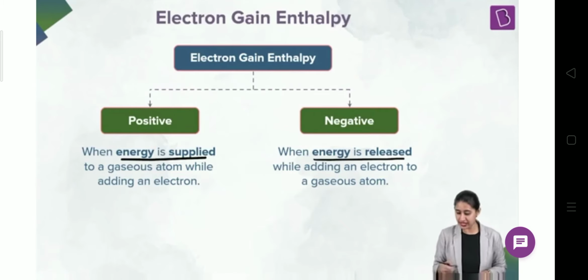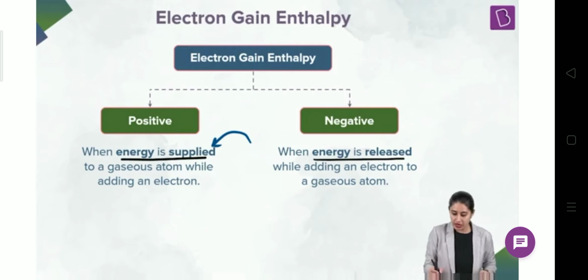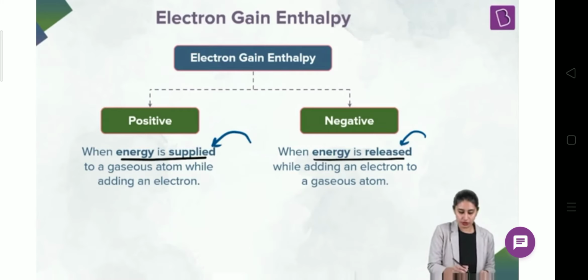When energy is supplied, it is positive electron gain enthalpy: delta H is positive, energy has to be given. Whereas here energy is released, and delta H is negative. All right, so keep that in mind.